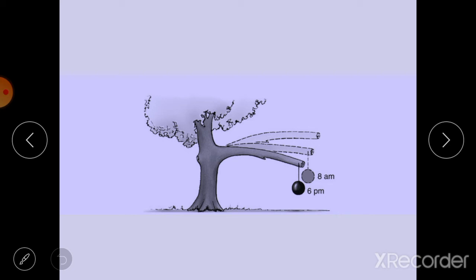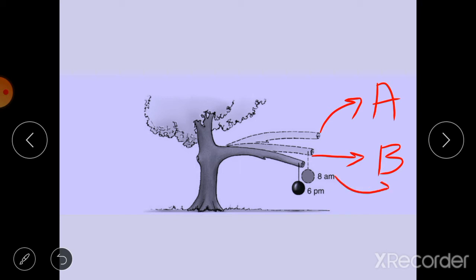You identify a low-lying branch and label it A. What you do then is you tie a very heavy weight to this branch. This branch sags under the weight to a new position. Let's label it B. You record the time to be 8 a.m. and you move on to your school.